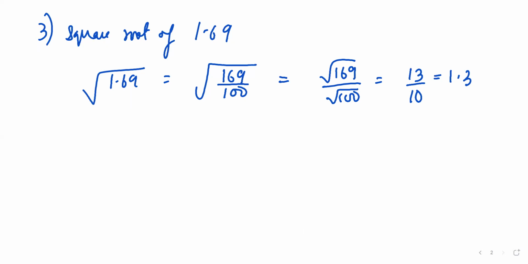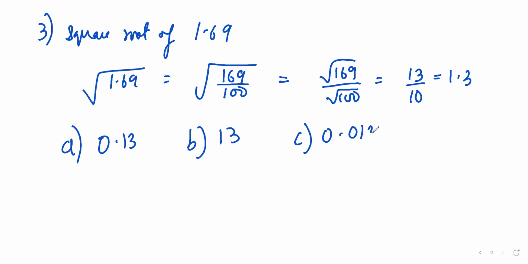So the correct option in this case will be, if I'm going to give you options, just for example, A is 0.13, B is, let's say 13, C is 0.013, and option D will be, let's say 1.3.